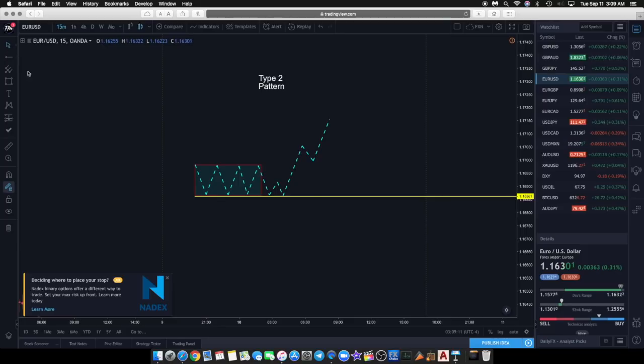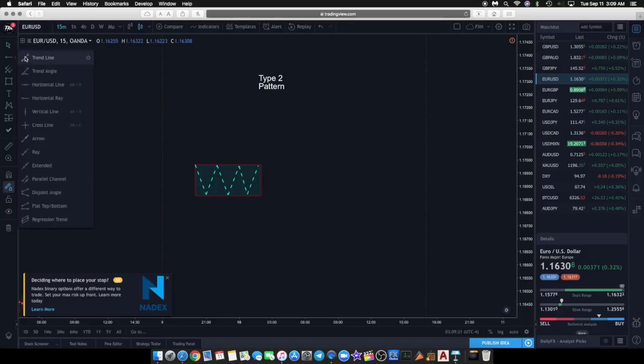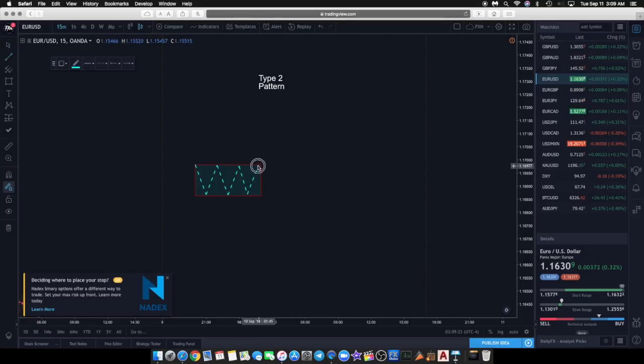All right, I'm going to go ahead and show you what that would look like the opposite way. So the opposite way of that type 2 pattern would be this. We're in the Asian range, come up, boom, boom, and drop. That would be your type 2 pattern going the opposite way.